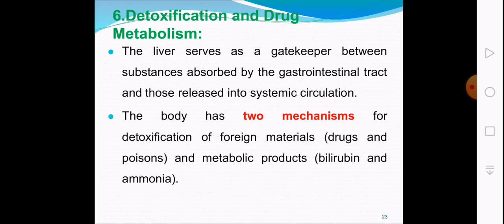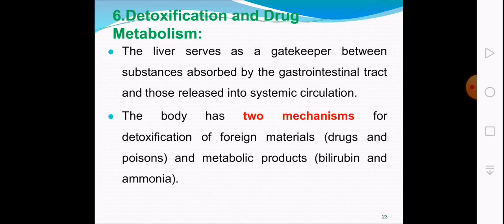The body has two mechanisms for detoxification of foreign materials, drugs and poisons, and metabolic products, bilirubin and ammonia. يعني المقدرة بتاعت إزالة السموم والعملية بتاعت البريك داون اللي بتحدث للدرج بتقوم بها الليفر. فالليفر بيشتغل as a gatekeeper زي الحارس أو البواب between the substance absorbed by the GIT من السبستانس اللي بتجينا عن طريق البورتال فين they reach the liver from the intestine and then release into the systemic circulation.